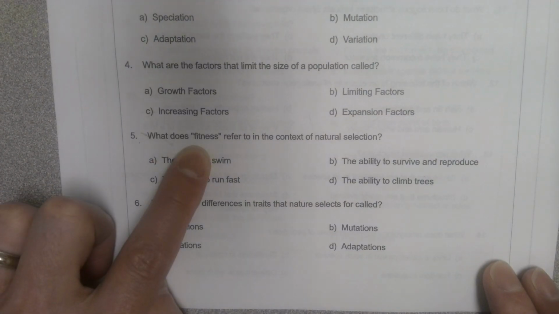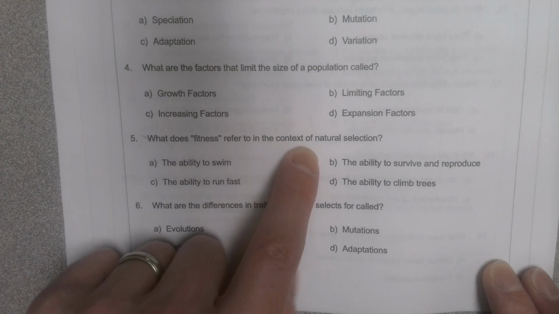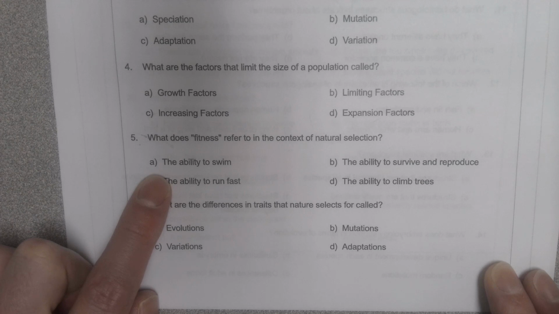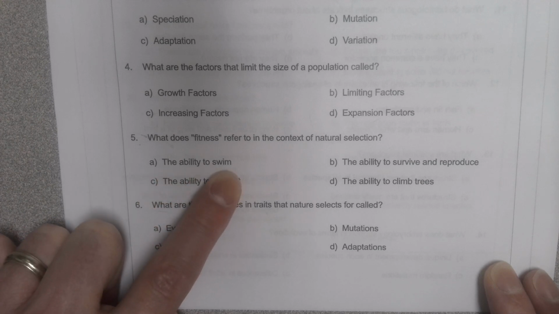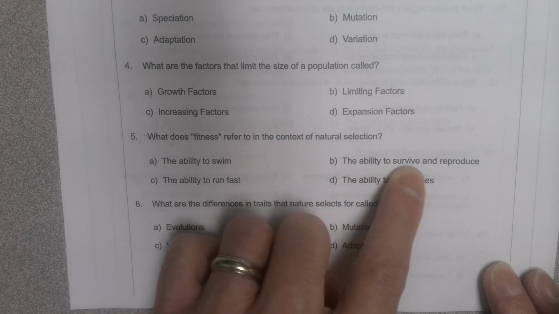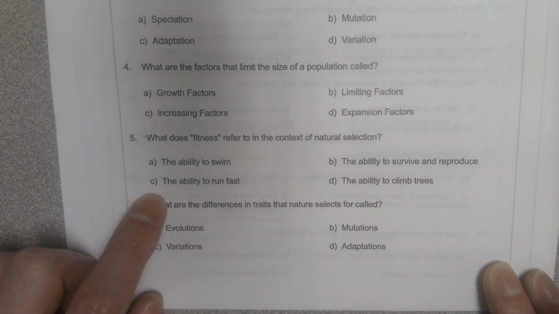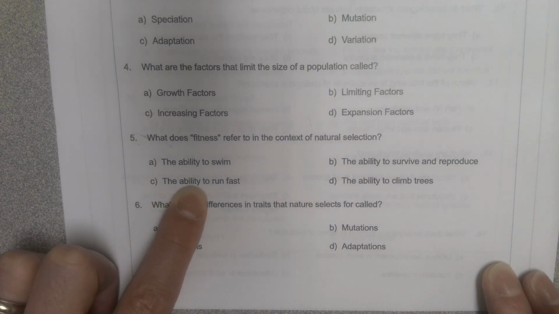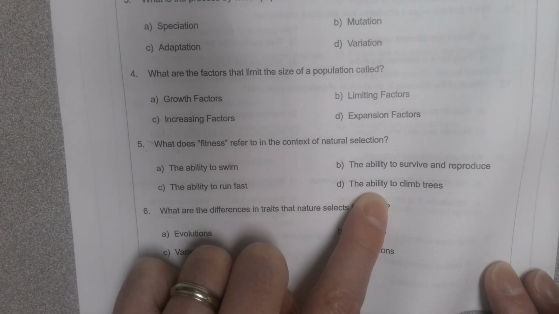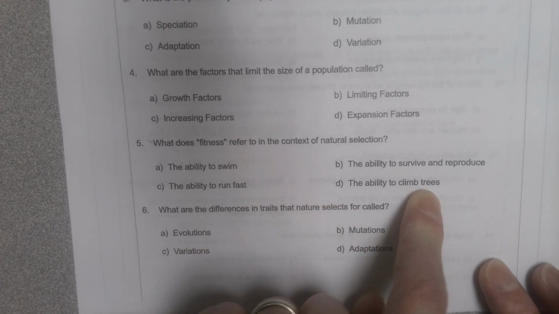What does fitness refer to in the context of natural selection? A, the ability to swim. B, the ability to survive and reproduce. C, the ability to run fast. Or D, the ability to climb trees.